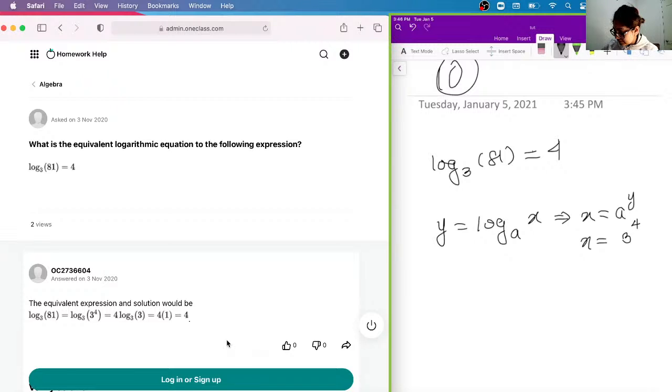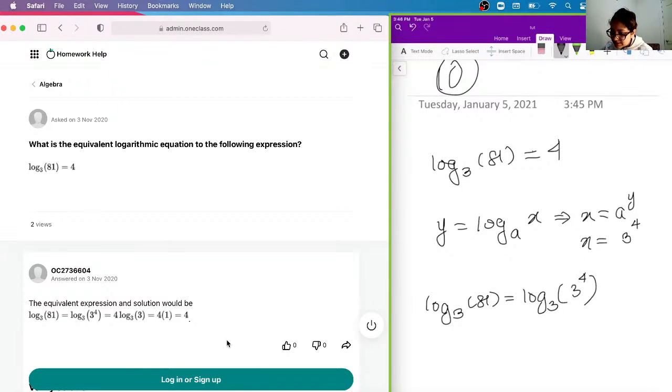And so we can rewrite this by saying, log base 3 of 81 is equal to log base 3 of, I'm just changing 81 and substituting x, which is equal to 3 to the power 4.